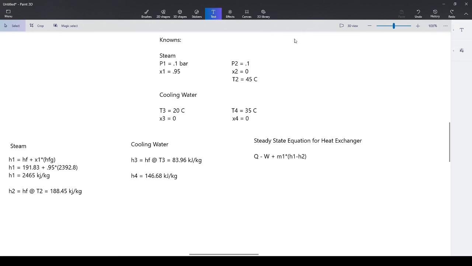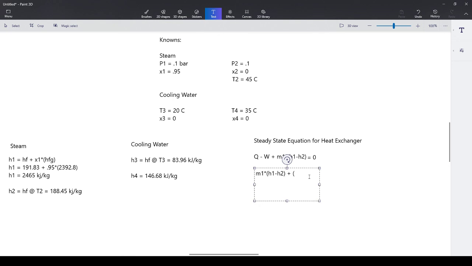So I'm actually going to back this up really fast. So we have this is the first one. And let me add something to it, equals 0, right? That's the first equation you can write for a heat exchanger. The second one is the following. It's the total heat transfer, which is the following equation. It is M1, right, times H1 minus H2 plus or minus, depending on how it goes.